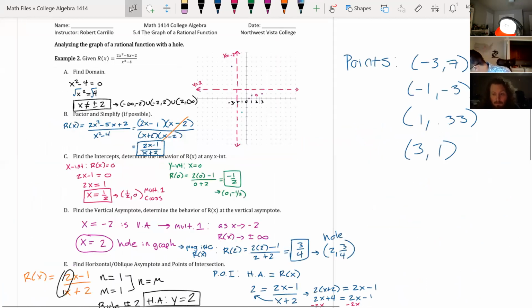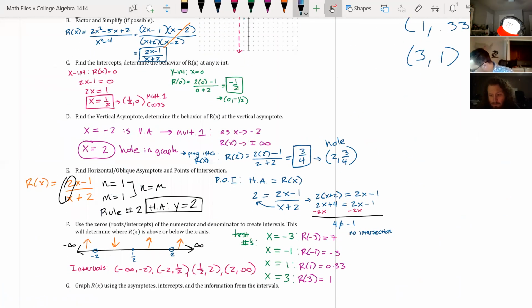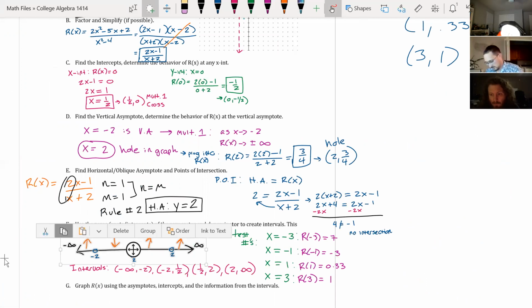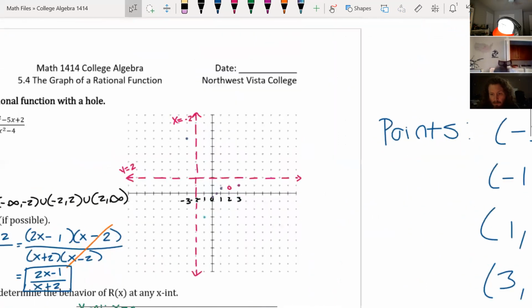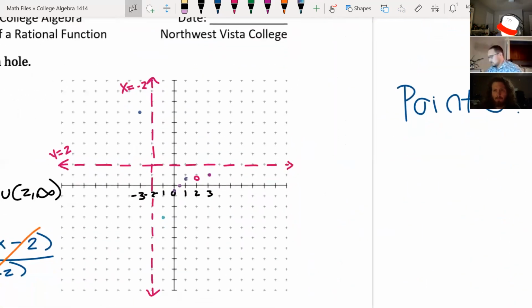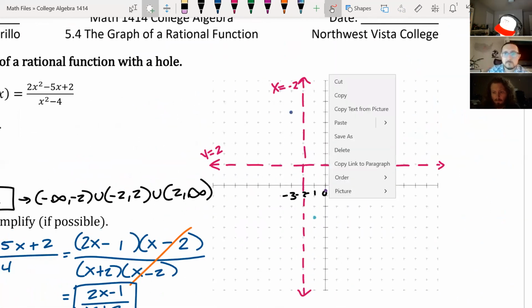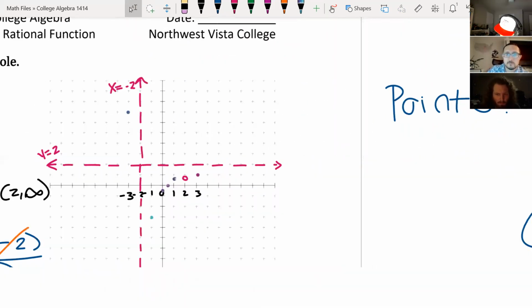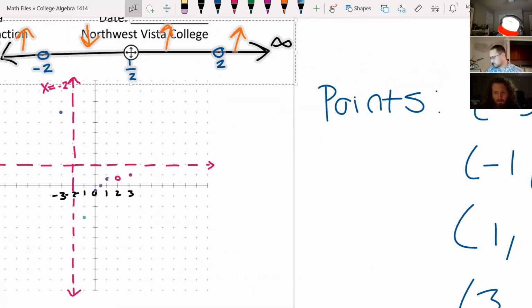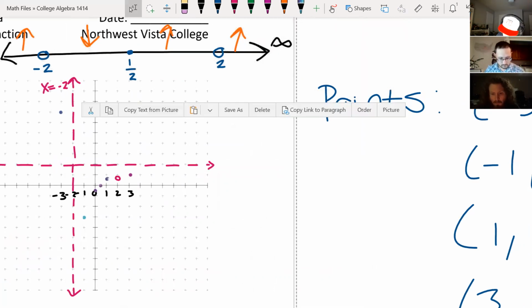Let me copy and paste this sign chart so we know where to go.